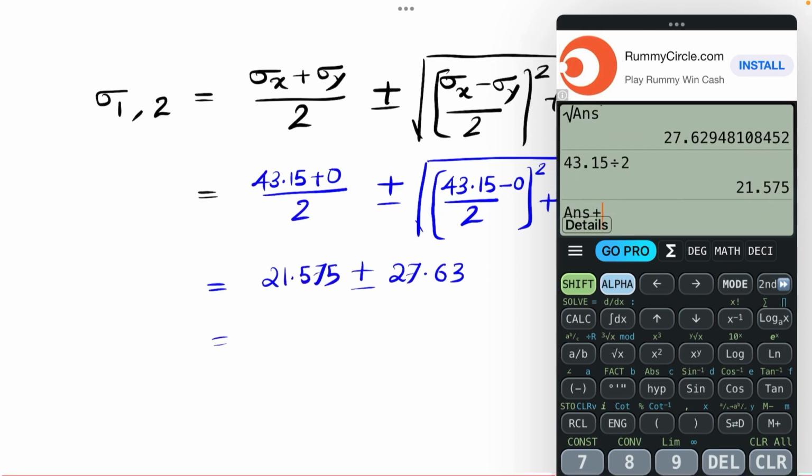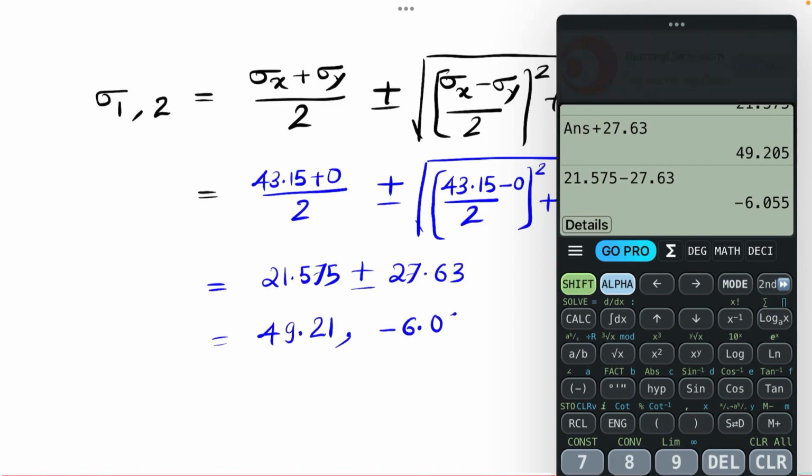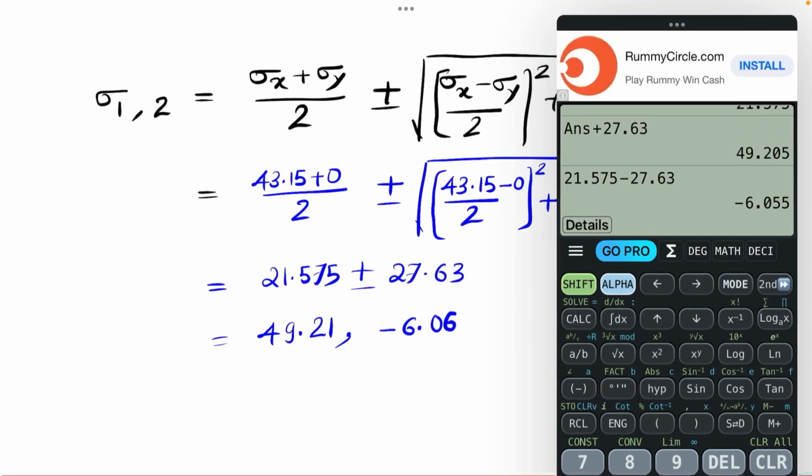And 43.15 divided by 2 is 21.575. Plus 27.63 is 49.21 megapascal approximately, and the other one will be 21.575 minus 27.63, which is minus 6.06 megapascal.